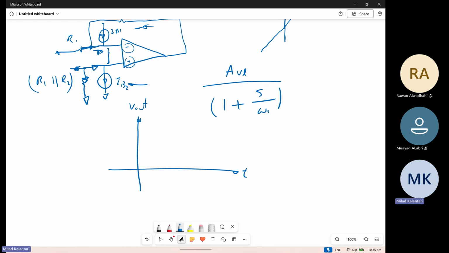Exponential means once you apply some step input, you expect the output to reach some final value, right? It starts from 0, for example, and then it reaches the final value with some time constant.